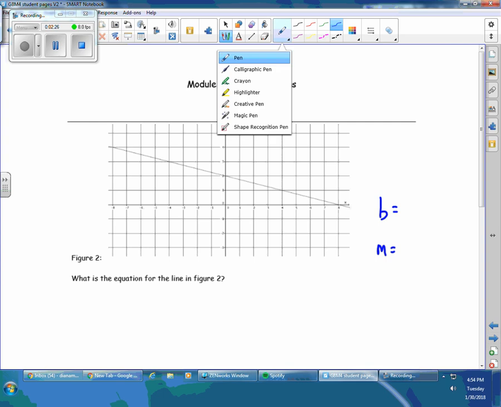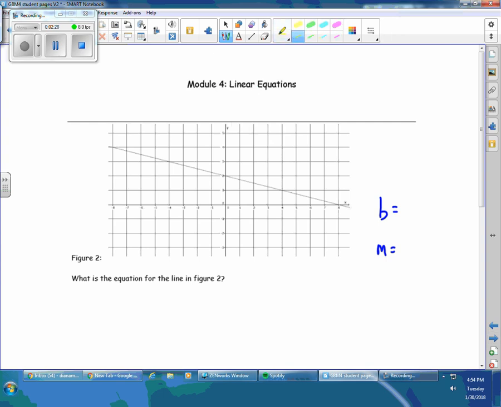Go ahead and pause the video if you're comfortable. If you're not comfortable, you can follow along with me. I'm going to highlight my y-axis. The diagonal line is crossing my y-axis at 2. So my b is 2. It's also crossing the integer coordinates right there.